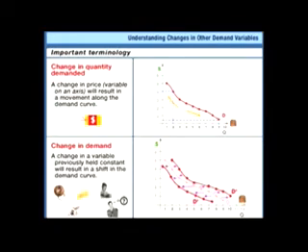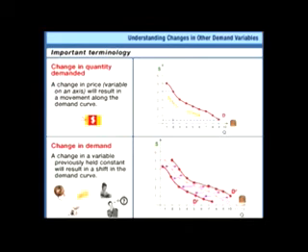Shifting the curve is the same thing as a change in demand, an increase in the quantity demanded at every price. So all of these phrases that I've used, all of these expressions, are important for you to memorize so that you can use them carefully when you're trying to describe the response of consumers to changes in their environment.